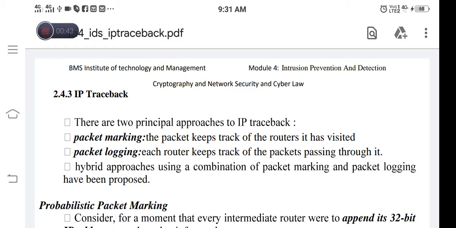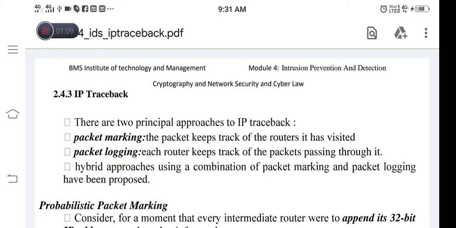The first method is packet marking. The second method is packet logging. By the name itself, we can understand what is marking and what you mean by logging, right? So we are going to see how the marking will be done and what's the usage of the logging procedure. In packet marking, the packet keeps track of the routers which it has visited.